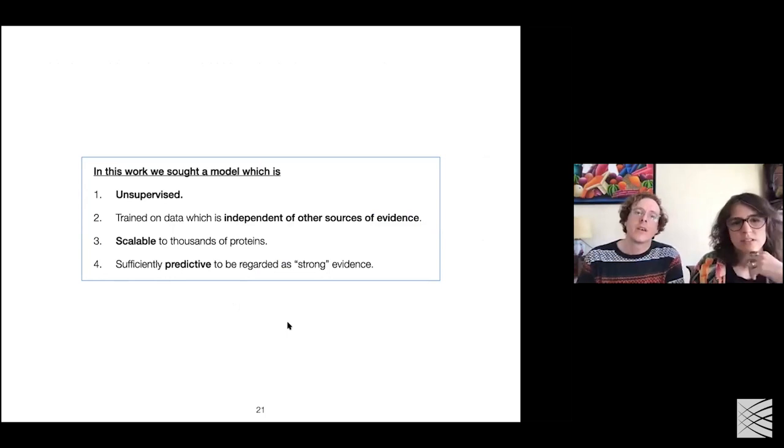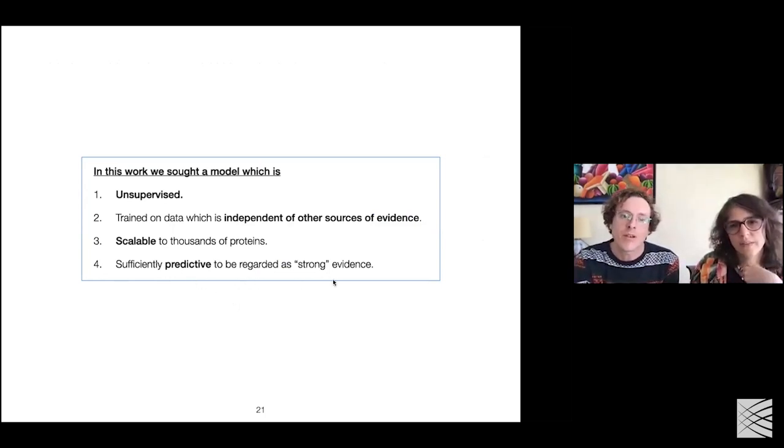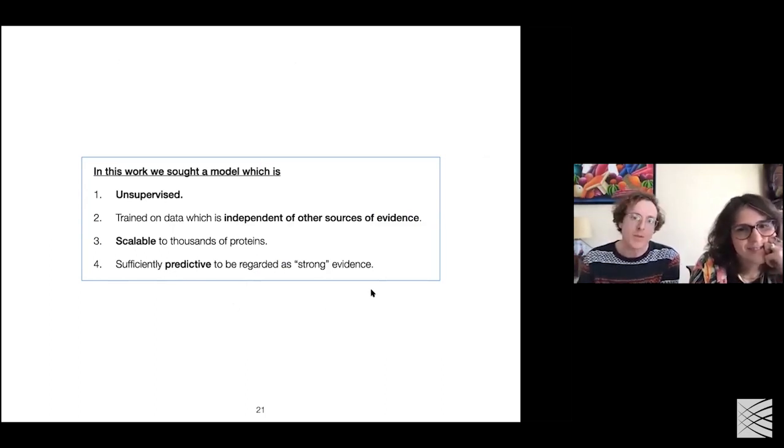Right. So going back to this fourth point of being sufficiently predictive to be regarded as strong evidence. I mean, in some ways, this is not something for us to decide. This is probably something for the community to decide, of clinicians and people using these models to classify.